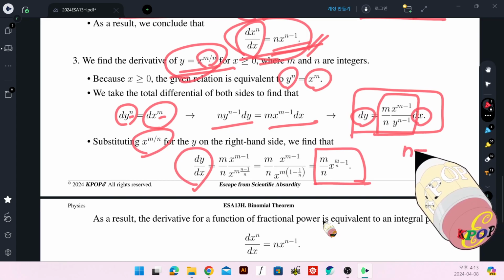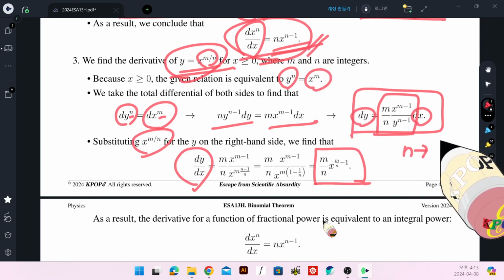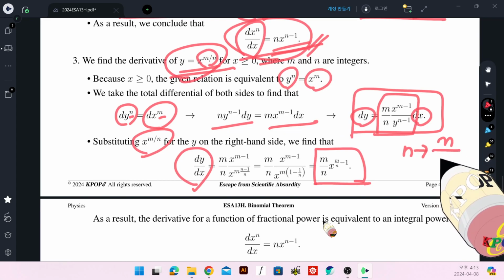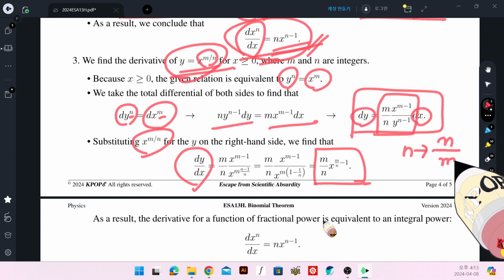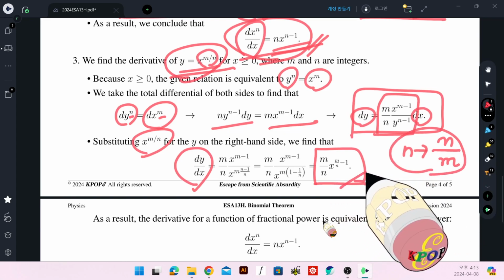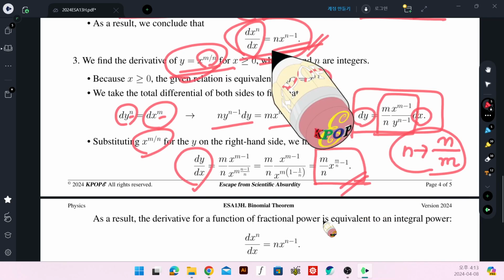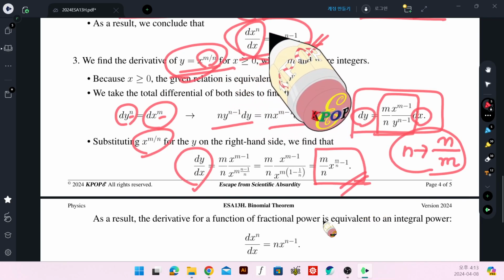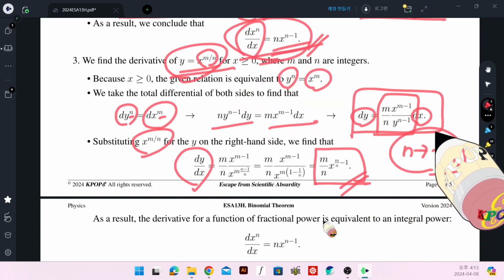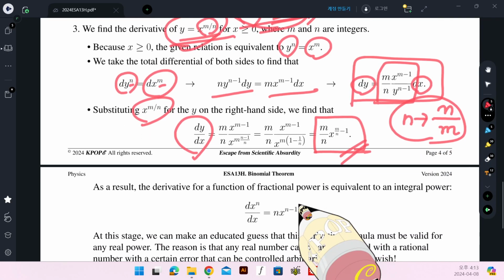What we have done is replacing n by m over n. Okay. This result is identical to this case, except that we have replaced this power with a rational number.